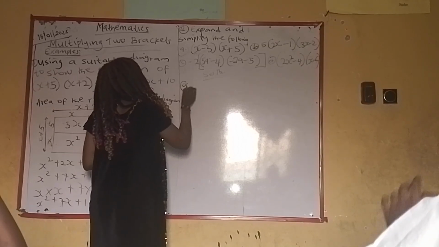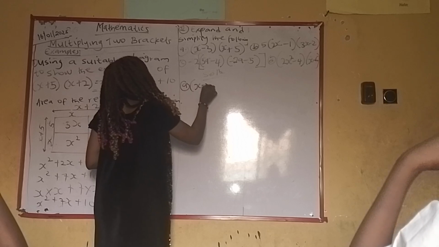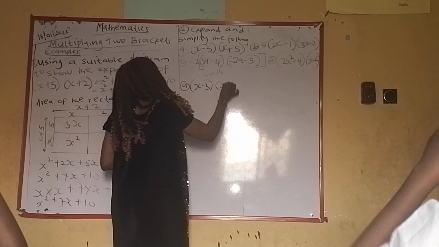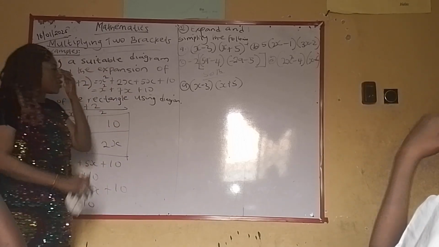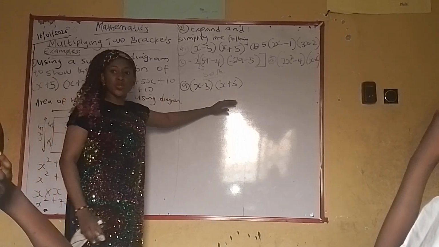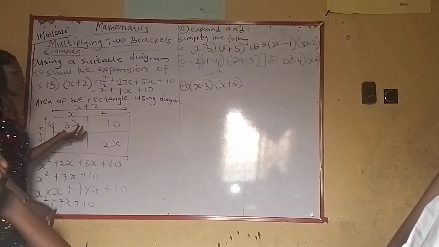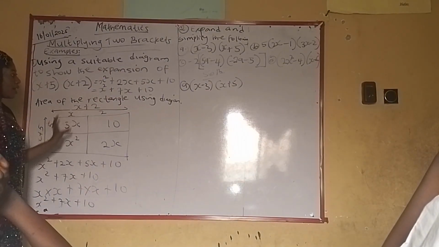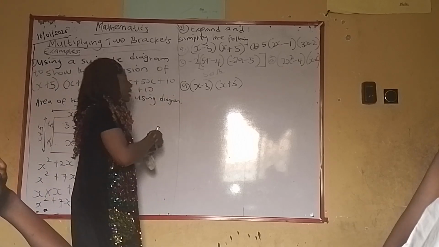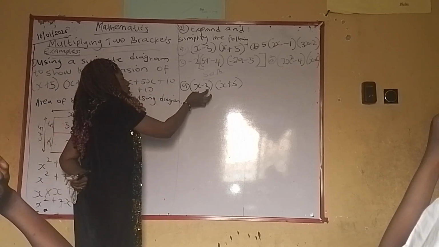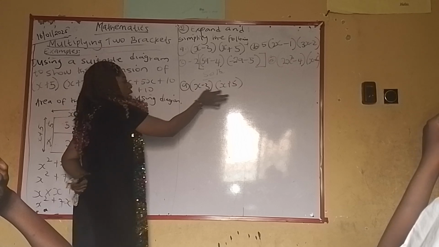A says what? x minus 3 bracket x plus 5. I'm going to teach you two other ways you can easily expand these two brackets aside from using the diagram. The first way is this. You are going to share these two among them.